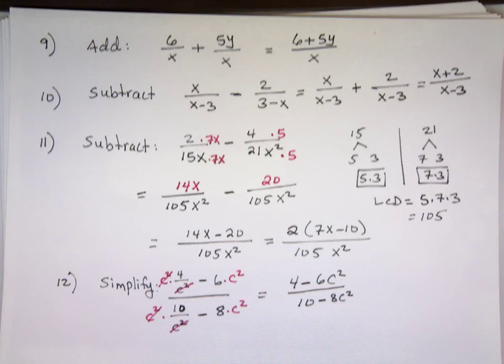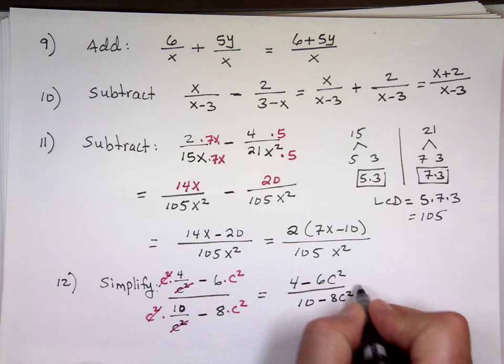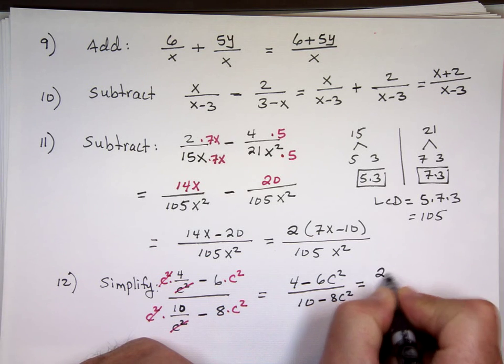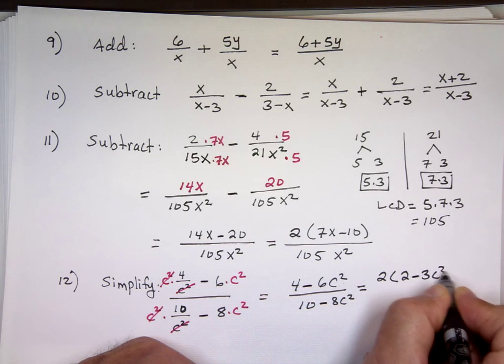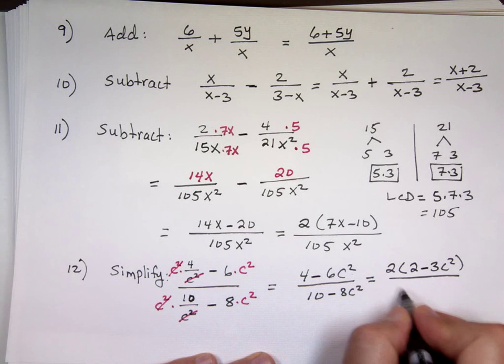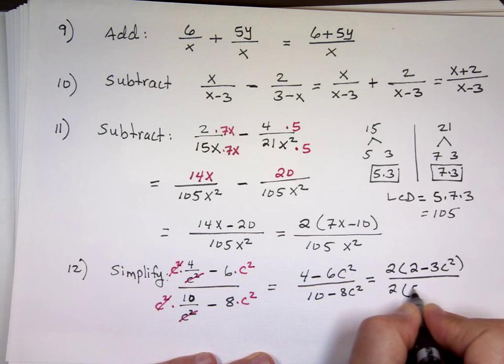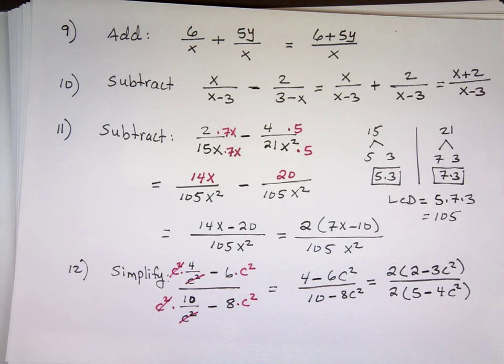Remember, I said always try to factor everything. If you look at the top here, you can factor a 2 out. If you take a 2 out, what's left? 2 minus 3c squared. This one also you can take a 2 out. What's left? 5 minus 4c squared. And the 2's will cancel each other out.